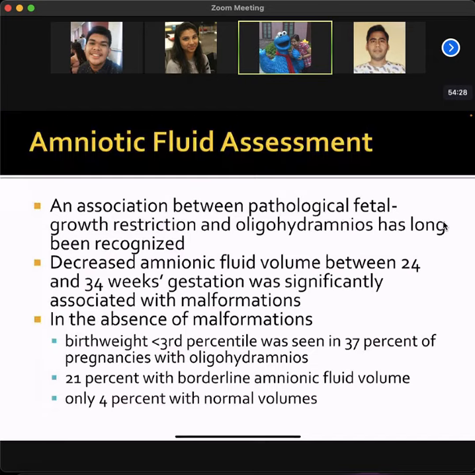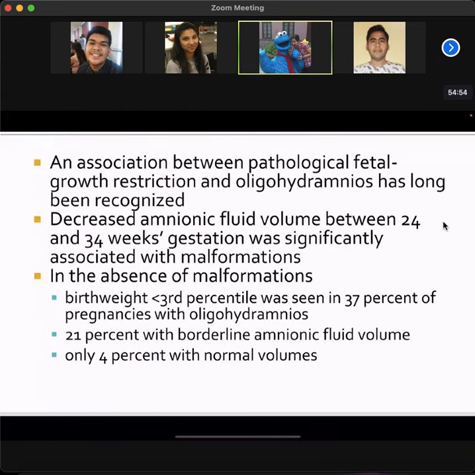In the absence of malformations, a birth weight less than the third percentile was seen in 37% of pregnancies with oligohydramnios, 21% with borderline amniotic fluid volume, and only 4% with normal volumes. So if the baby has a severe oligohydramnios, then think also of a possible intrauterine growth restriction.